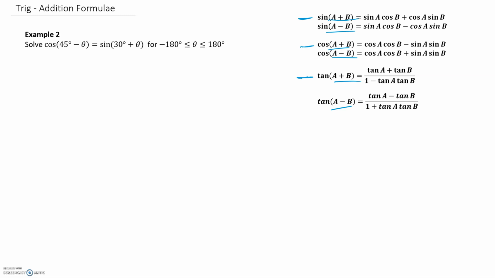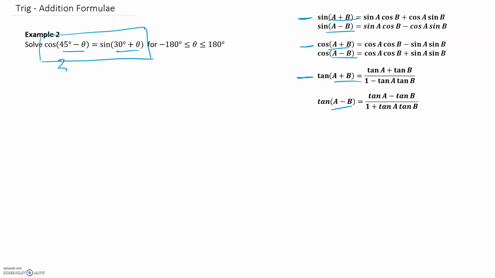If you look at the question, we have cos brackets 45 minus theta equals sine 30 plus theta. Now, if what was in the brackets was the same here, we could divide both sides by cos of whatever was in the bracket, and we'd end up with a tan.